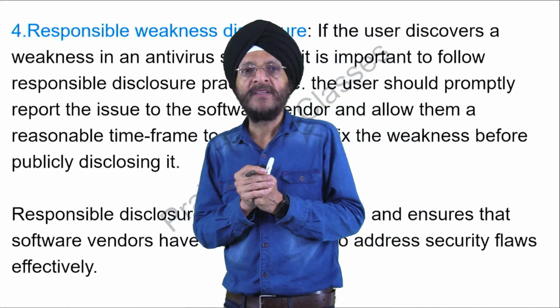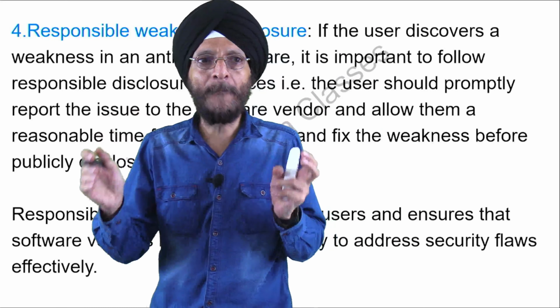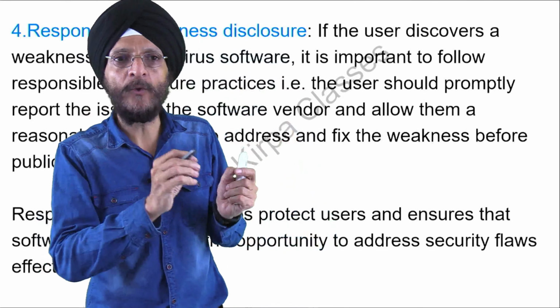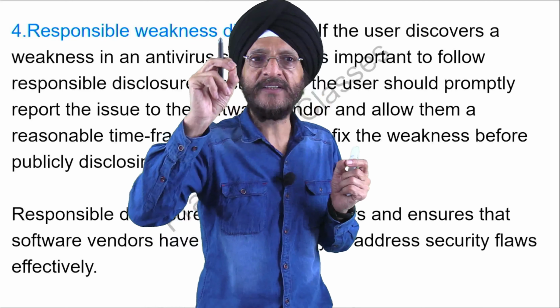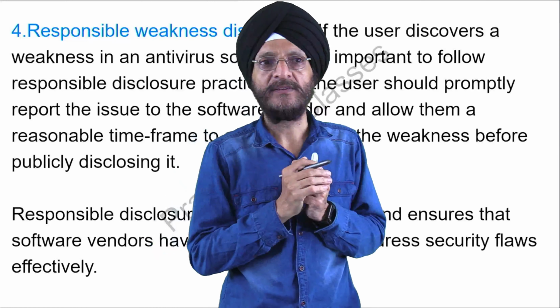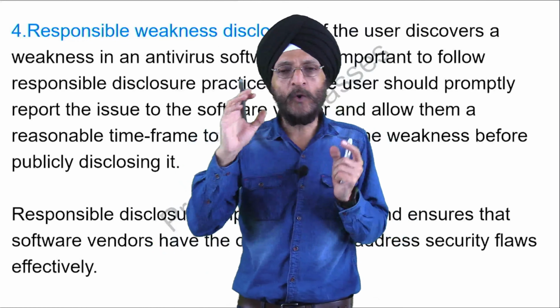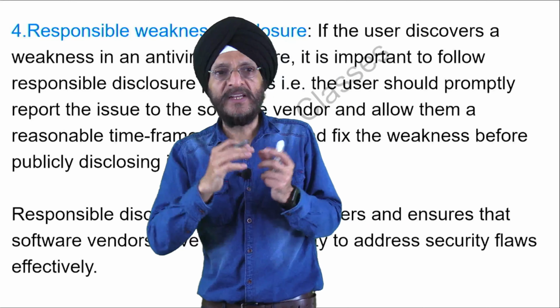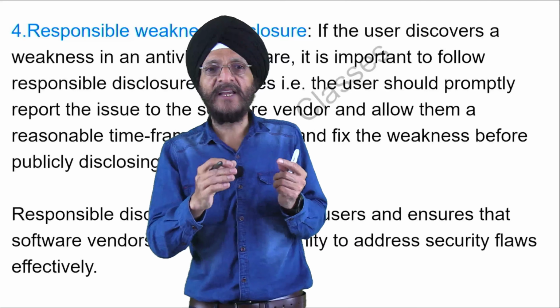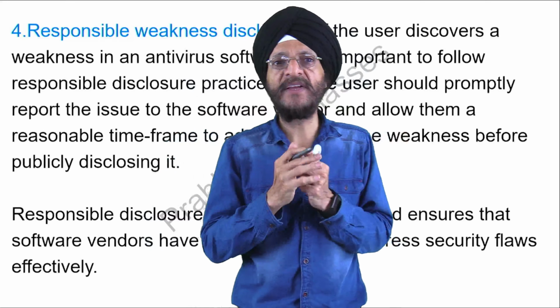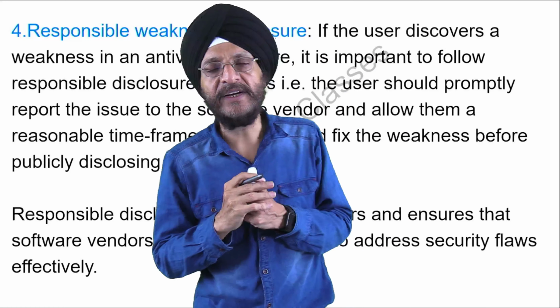That is, the user should promptly report this weakness of the antivirus software to the antivirus software vendor and allow the vendor a reasonable time so that it can address and fix the weakness before publicly disclosing it.